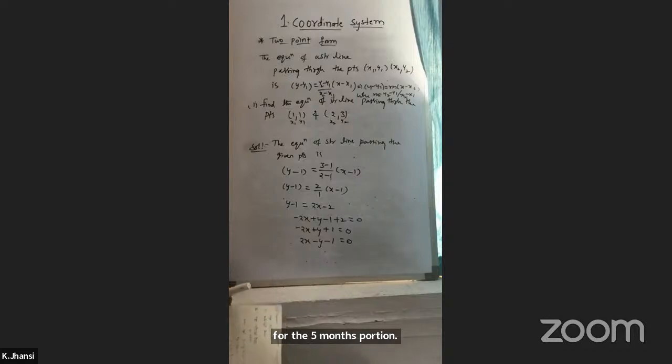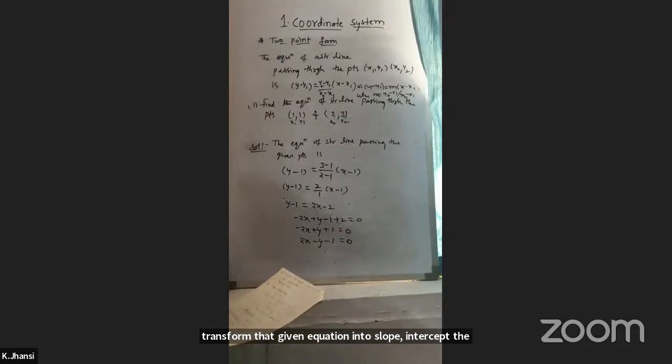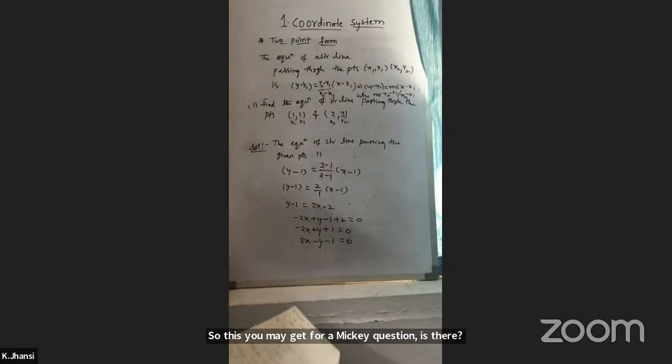So the distance between 2 points we have also seen. Now only one equation will be given, and you transform the given equation into slope-intercept form and also intercept form. Okay. So you may get this for the MEQ question, that means the model examination question, last after completing the unit, no?